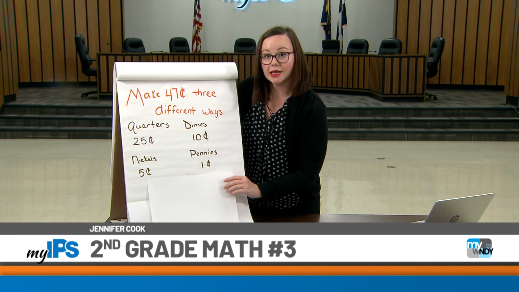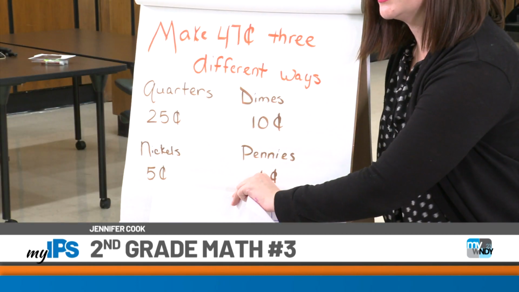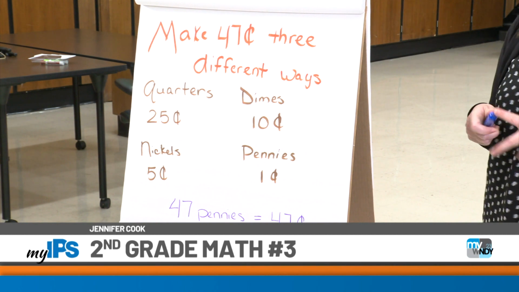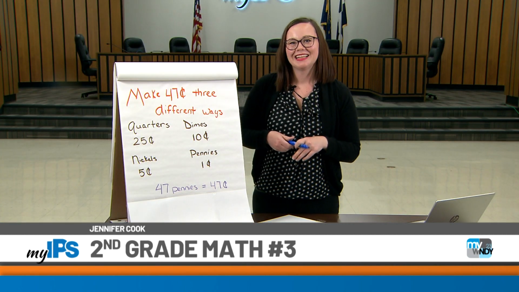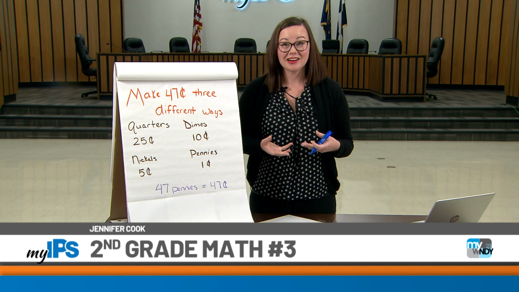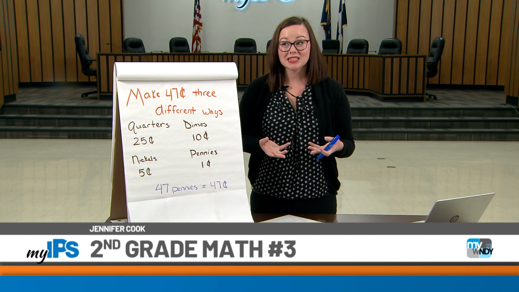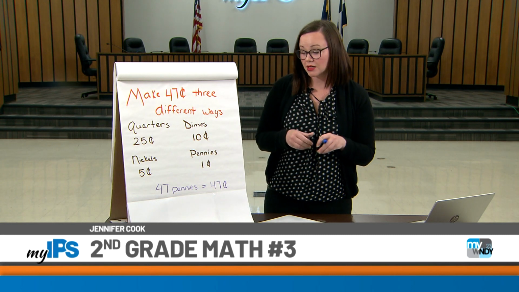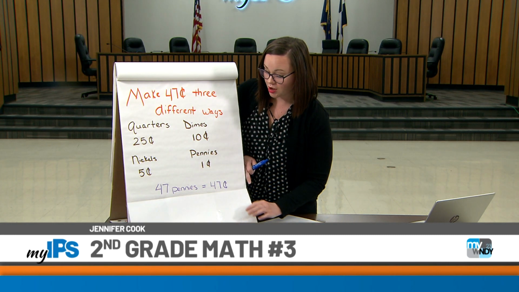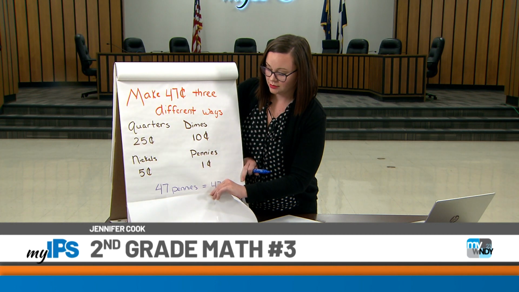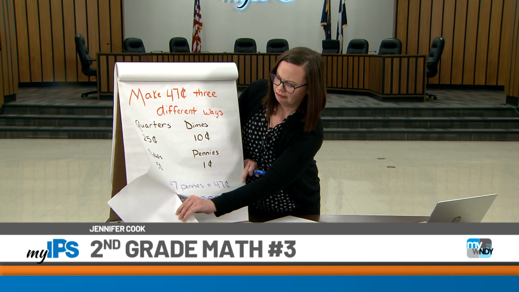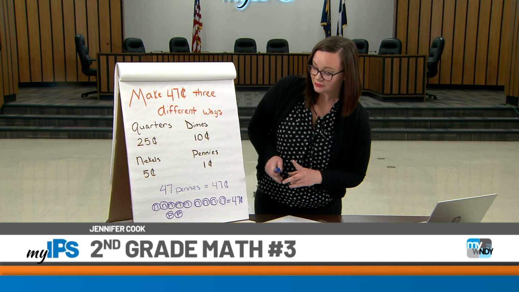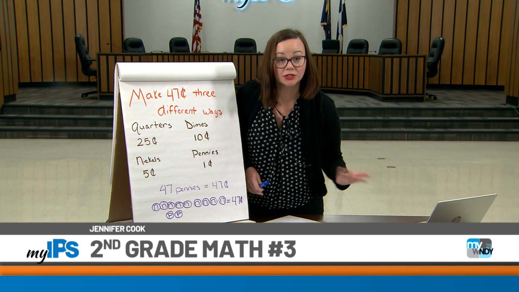I decided to help you out. So I made 47 cents with 47 pennies. Done. That was easy. Well, that's a lot of change for me to carry around in my pocket. So I'm going to try to find an easier way using less coins. Let's see, start with nickels.